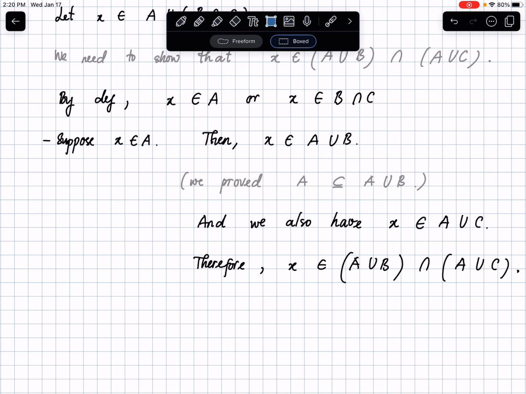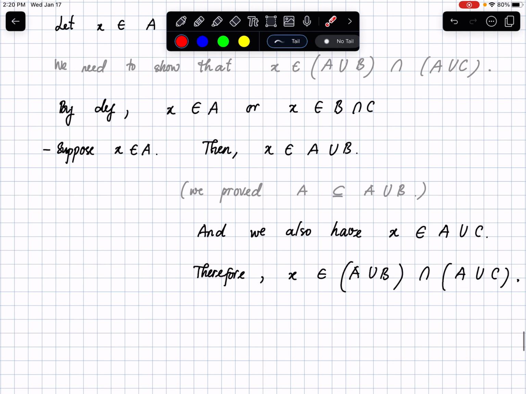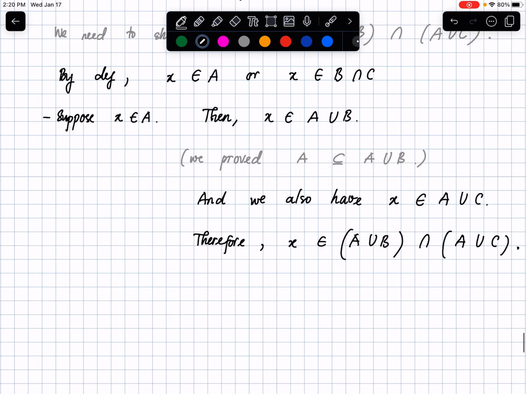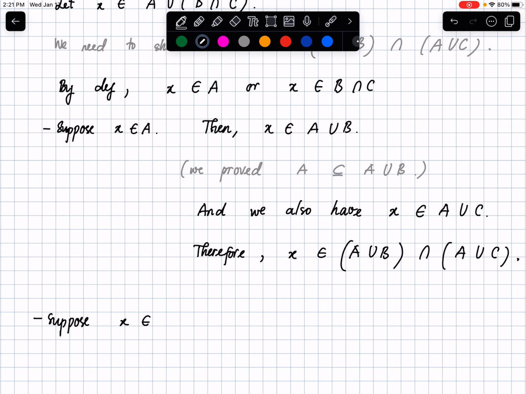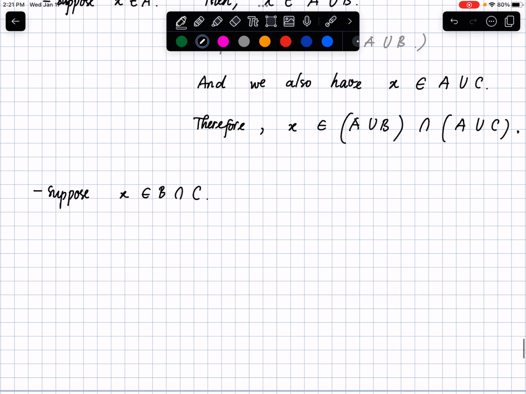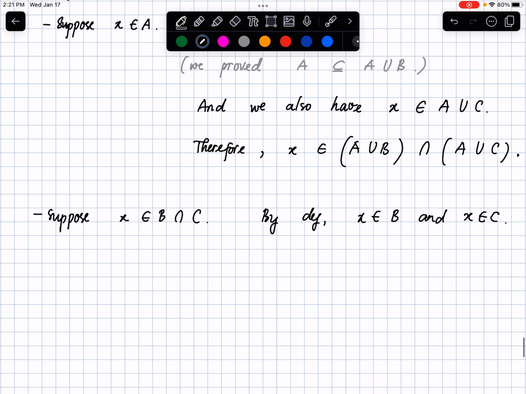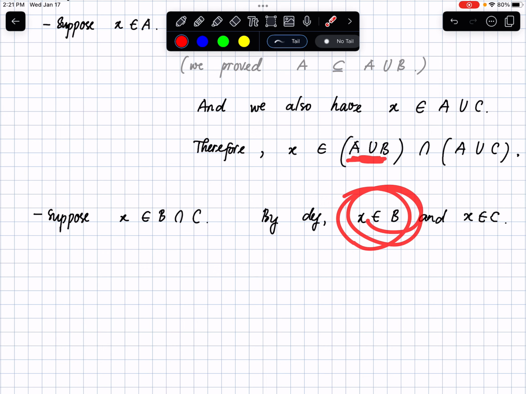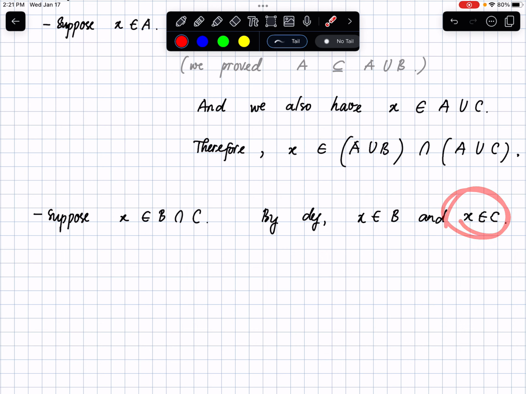What about the other case? Now, second case, x in B intersect C. By definition of the intersection, x must be an element of B and x must be an element of C. Okay, so x is an element of B. By definition of union, x must be an element of B union A, right? x is an element of C, so x must be an element of C union with something.